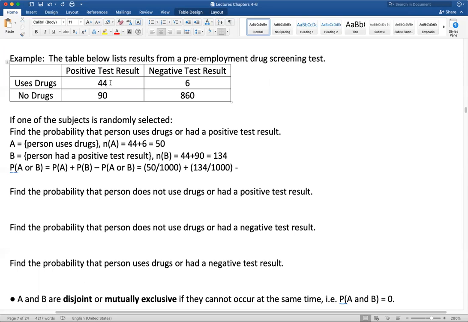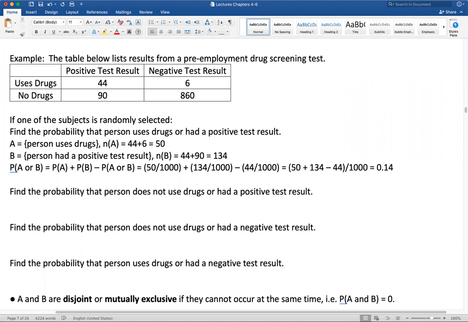So that's 44 divided by 1000. Now you see that all three fractions have the same denominator, so this is going to be 50 plus 134 minus 44, divided by 1000. So I got 0.14. That's the probability of A or B.